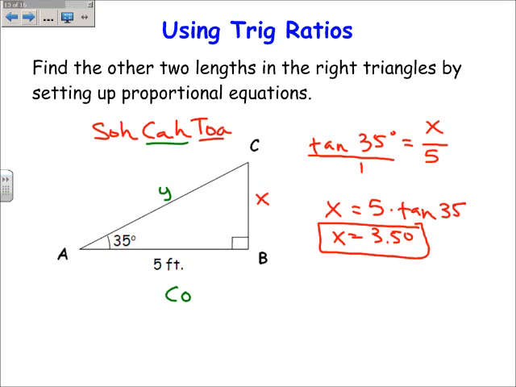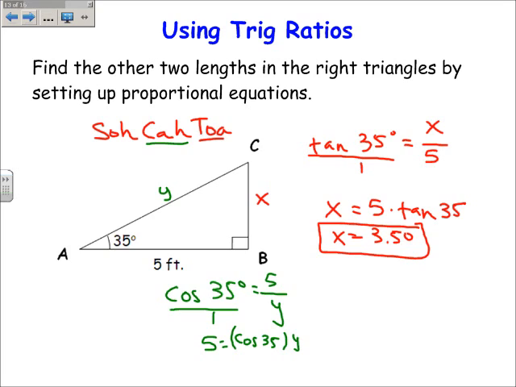So the cosine of 35 degrees is equal to the adjacent 5 divided by the hypotenuse y. Again, I'll put over 1, make a proportion, cross multiply. 1 times 5 is 5. Cosine of 35 times y is cosine of 35 times y.